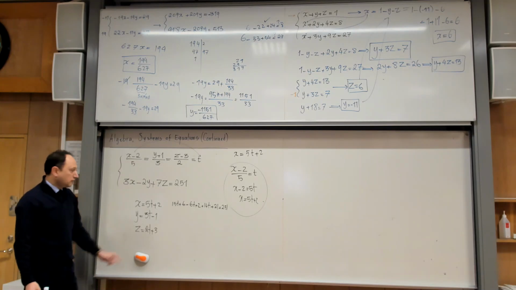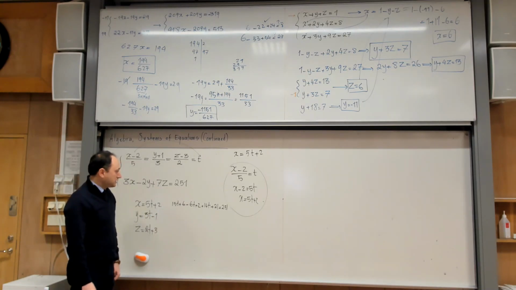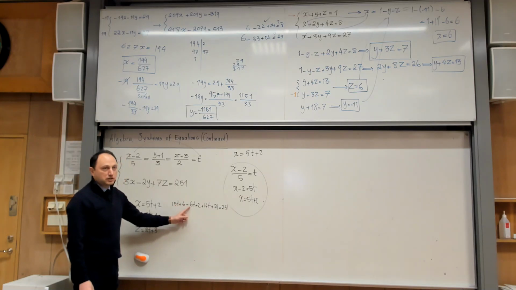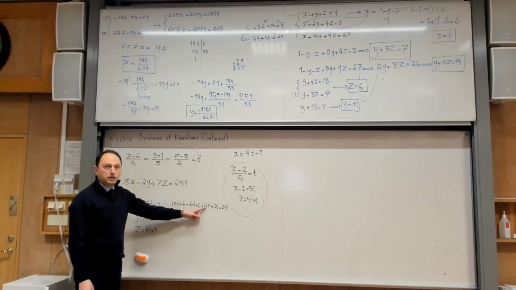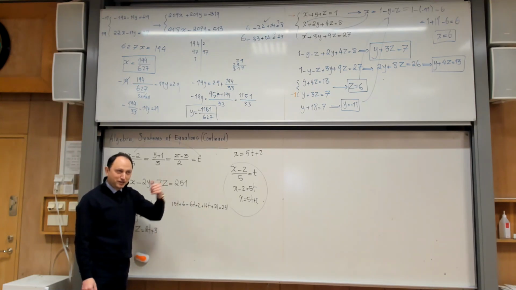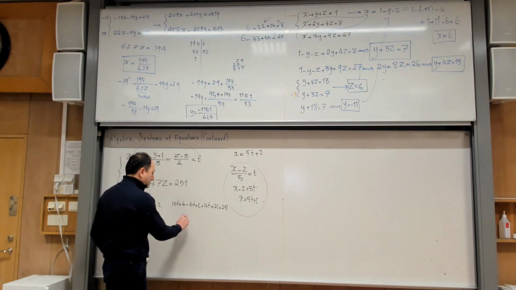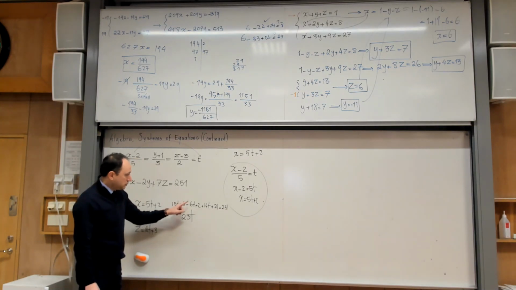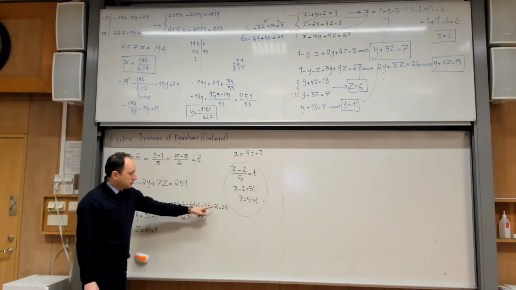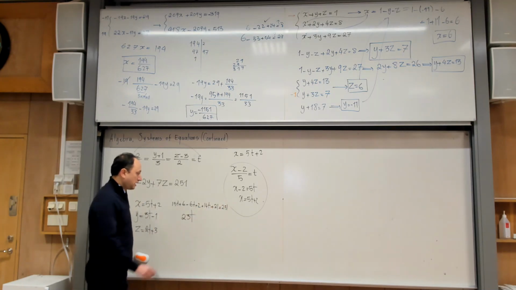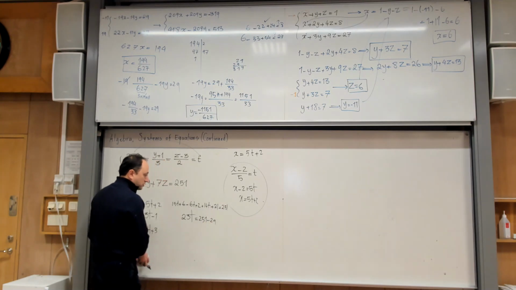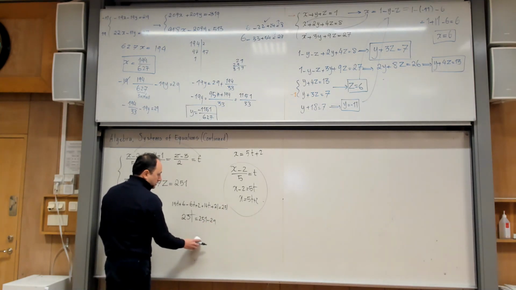Yes? And now look what a nice thing is happening. So 15t minus 6t plus 14t is 23t. So 23t. Yes? And then 6, 2 is 8, 29. Move it to the other side. So it becomes 251 minus 29, which is how much? 222.